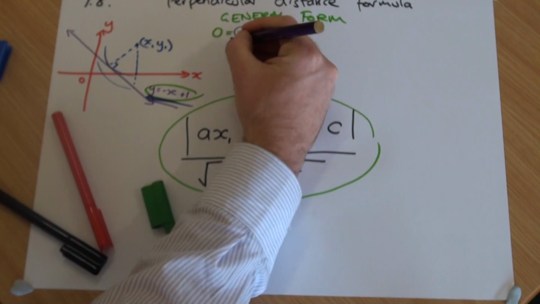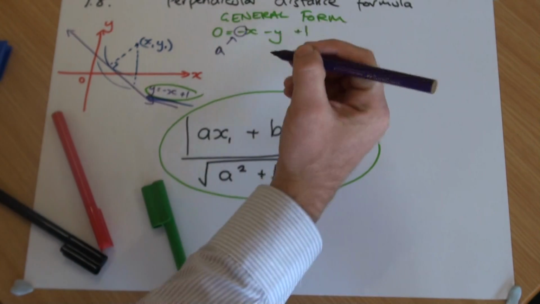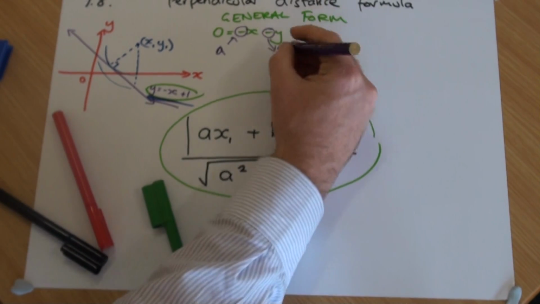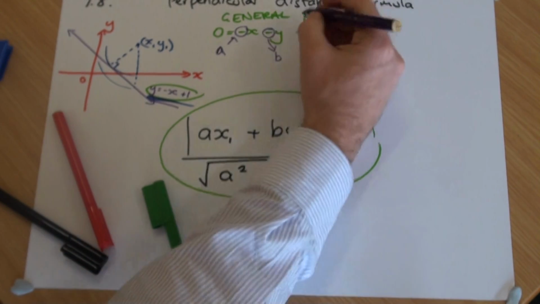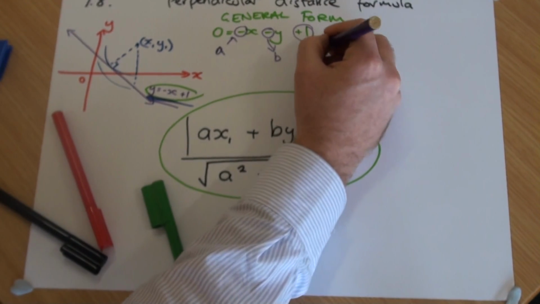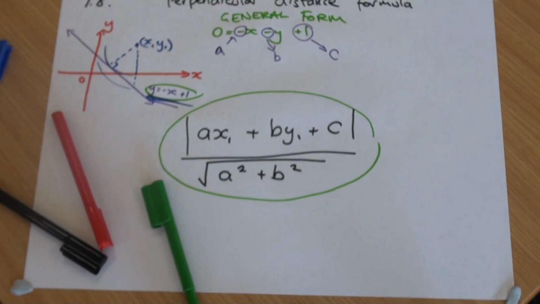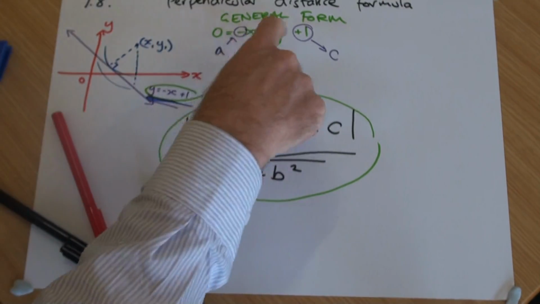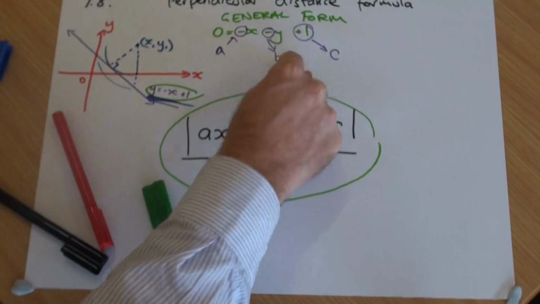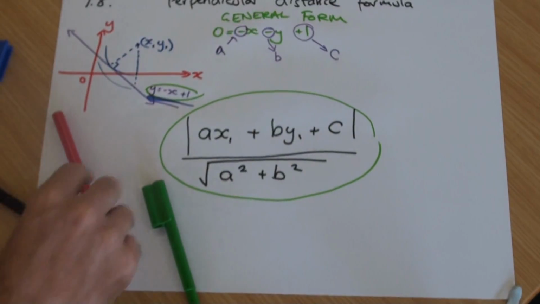Once we've got our general form, whatever's in front of the x, that's A. Whatever's in front of the y, that's B. And whatever the constant is, C. The easy way to remember this is x comes before y, a comes before b, and c equals constant.